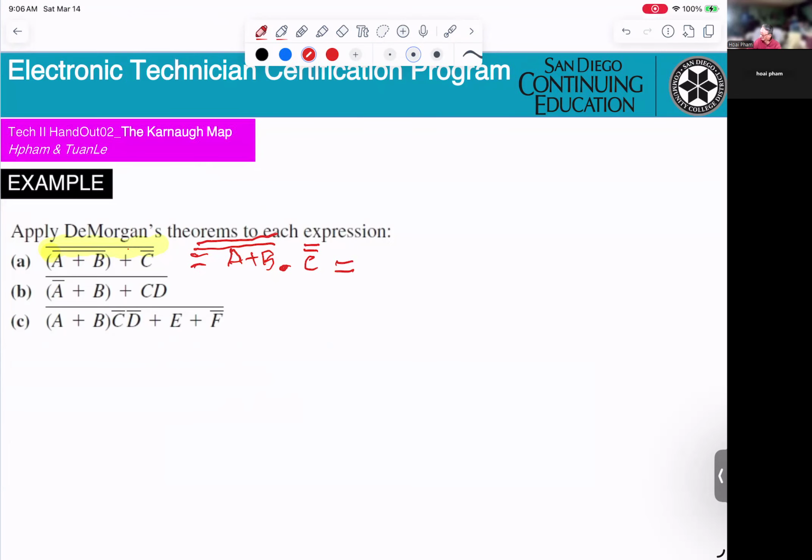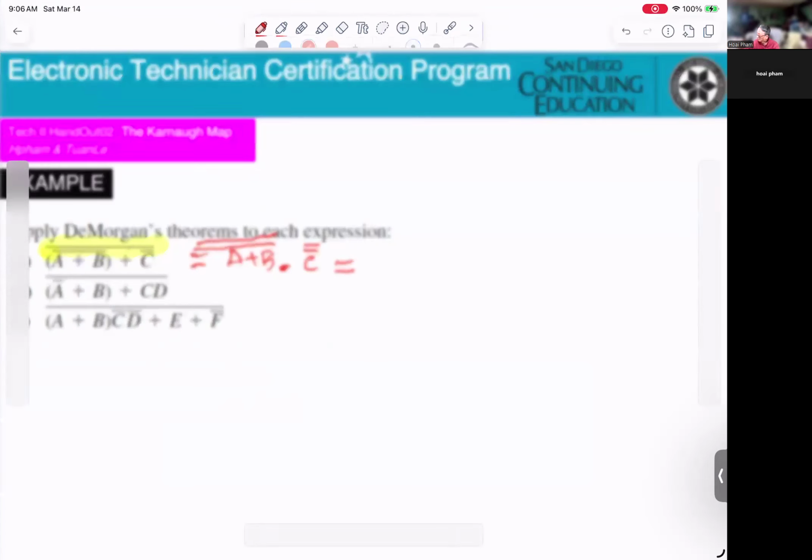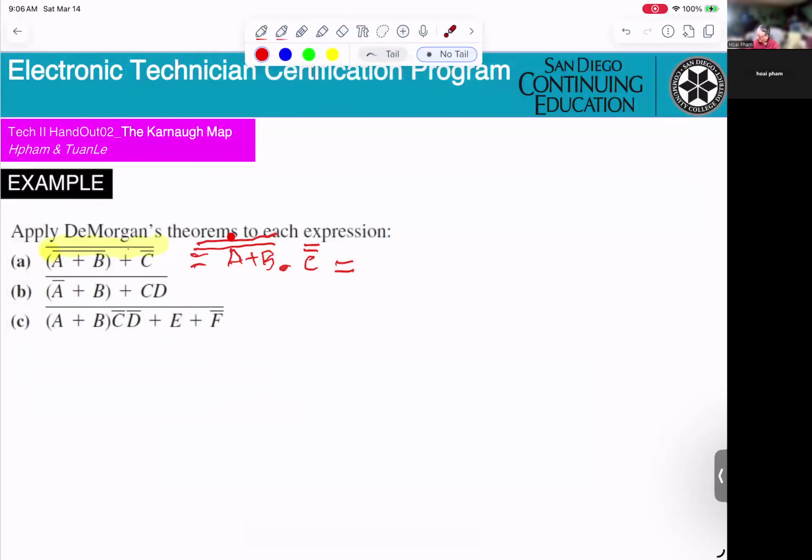Okay? Now, you get the not on here. You take that out. Okay? So basically, take that out. You can get A not, or will be and B not.